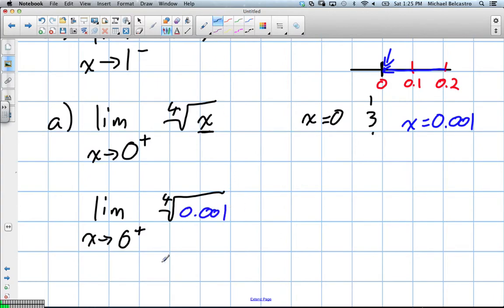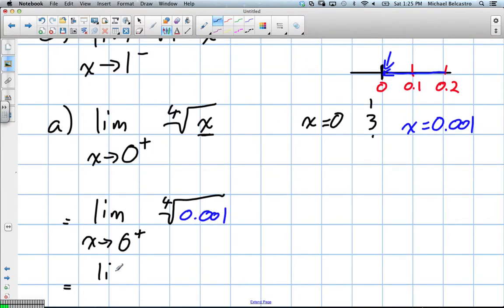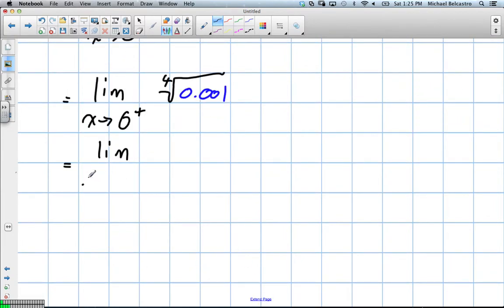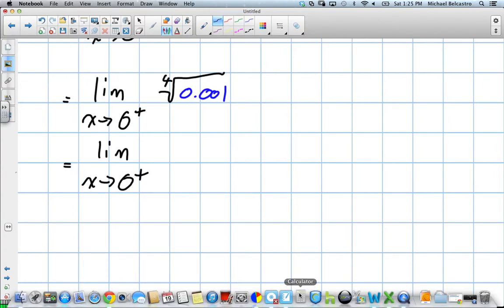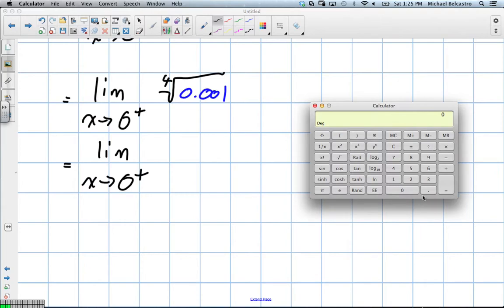Okay, we're going to discover the limit as x approaches 0 from the right. Well, I have to find the fourth root of 0.001. So 0.001 to the power of 4, the fourth root.